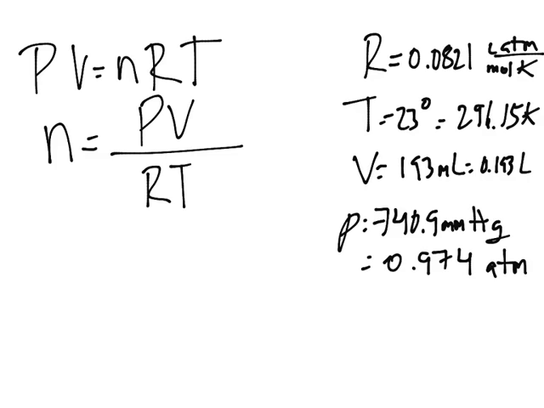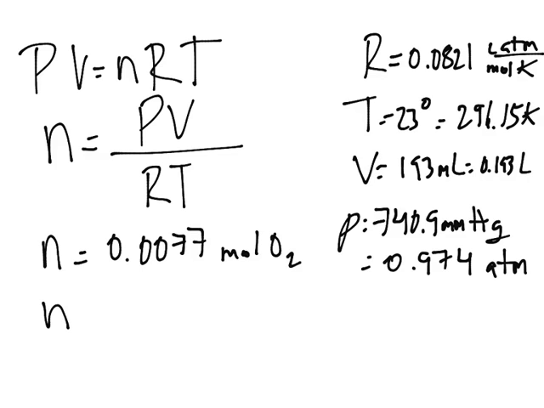It's just dividing by 760 to get atmospheres. So now we have all the units, and plugging in all of the values here, I get 0.0077 moles of oxygen. To make it look better, you can say it's 7.7 times 10 to the minus 3 moles of oxygen.